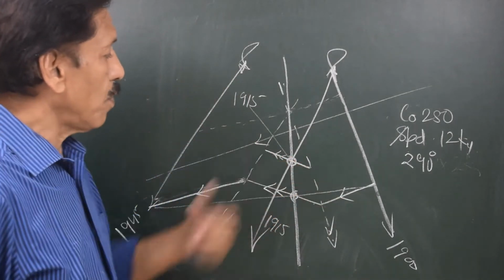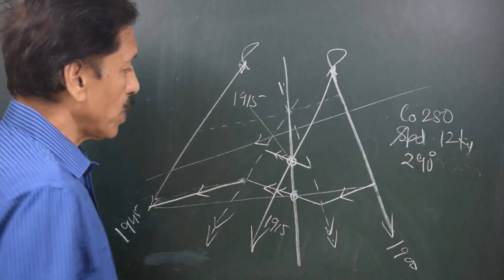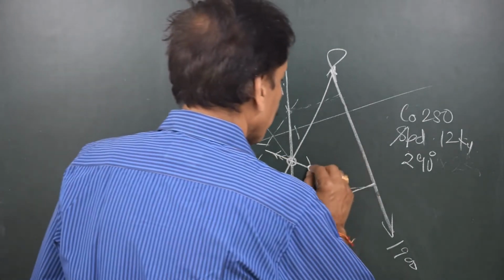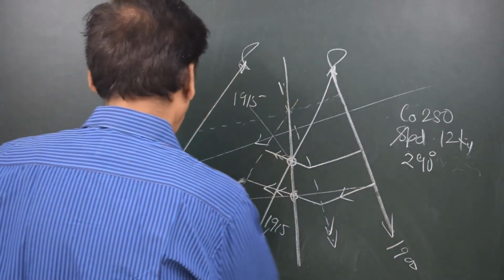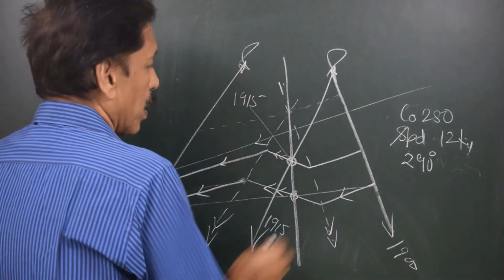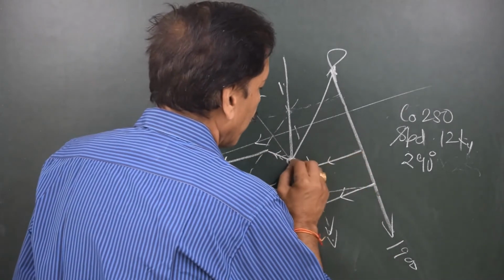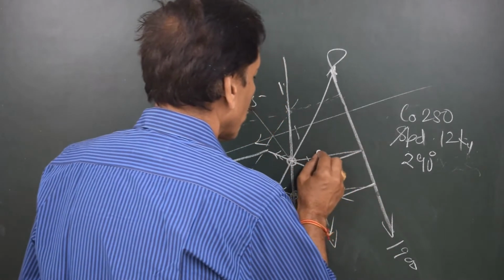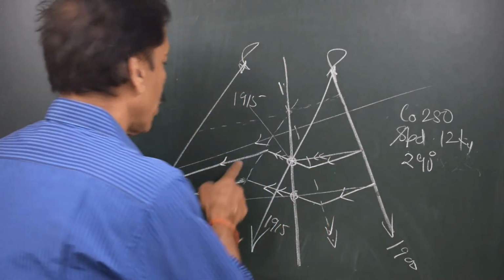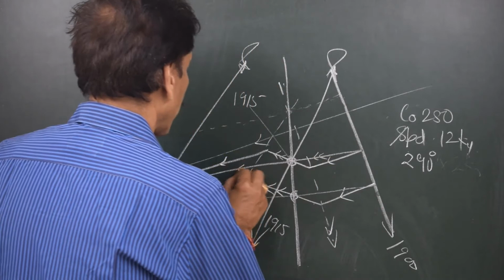The current is transferred over here, and once again draw this shape of Z, which would be like this and like this. So basically what you have drawn here is the 15 minutes course steered, course made good triangle, and over here you have the 30 minutes course steered, course made good triangle.